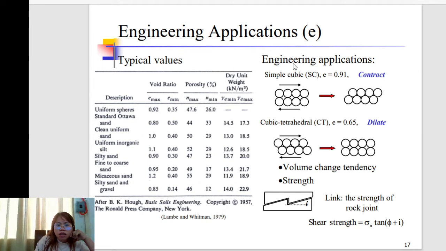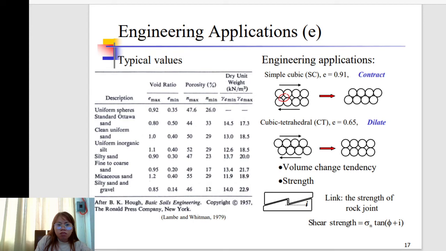Actually, the reason why there is this maximum and minimum is because of the composition of soil particles. For example, in a simple cubic arrangement, the porosity is 0.91. But if you arrange the particles into cubic tetrahedral, the porosity is smaller, 0.65, because compared with a simple cubic arrangement there are bigger voids.